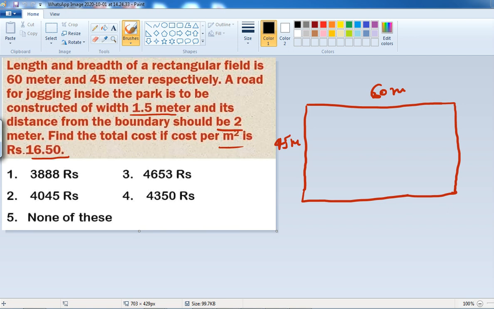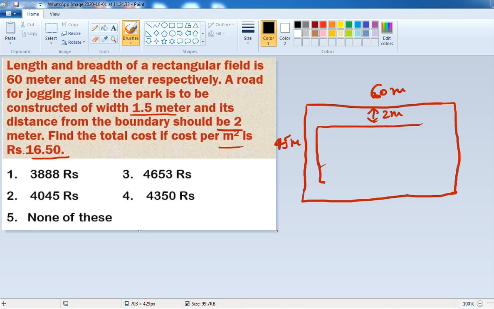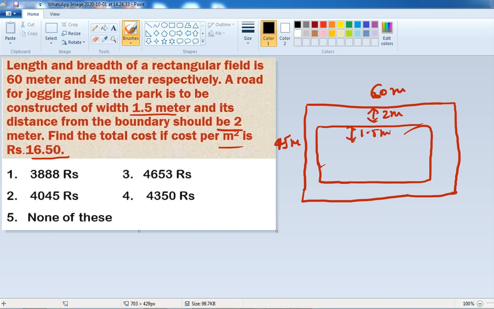Now, from the boundary, leave 2 meters, and we are going to construct a road for jogging. So this is the road for jogging, outer side, and the width of the road is 1.5 meters. So this is the inner side of the road.